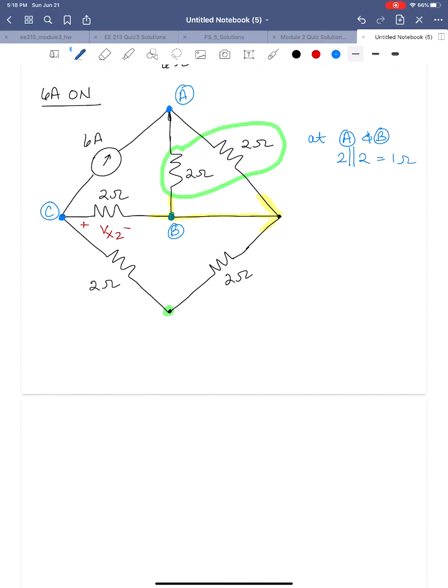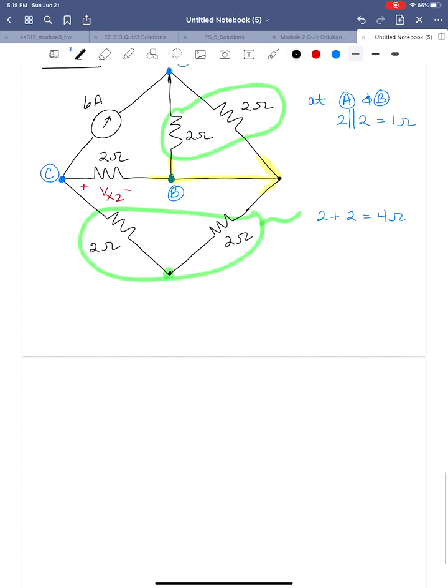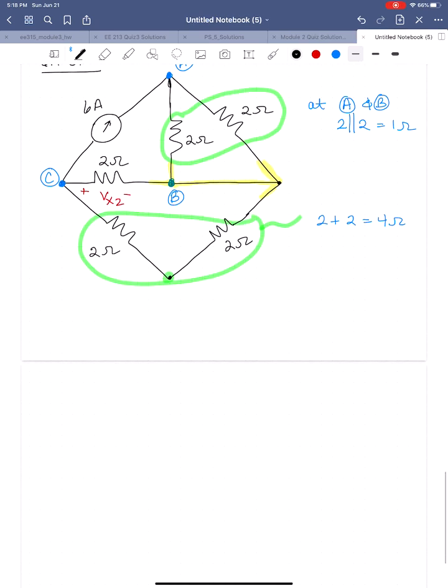So 4 over 4. All right, we notice that these 2 here are in series. 2 plus 2 is equal to 4 ohms. So let's take that simplification and move down here, and do a little bit of simplifying.